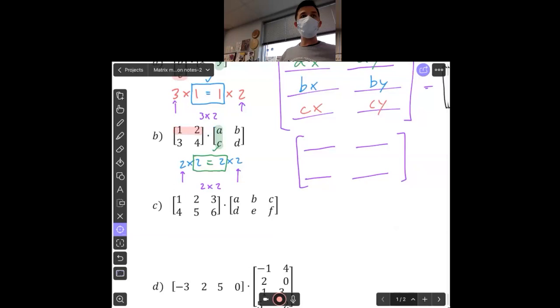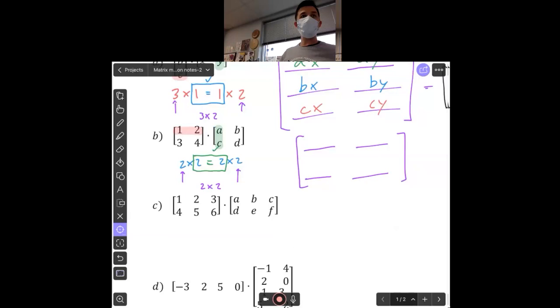So I go from 1 to A, 2 to C. And if there was another one, I would shift more to the right and more down. So you have to get this pattern of movement with these. That's really what it is. The key to this stuff, guys, is how do you move through the rows and the columns? With my left finger, I'm always moving to the right. With my right finger, I'm always moving down.